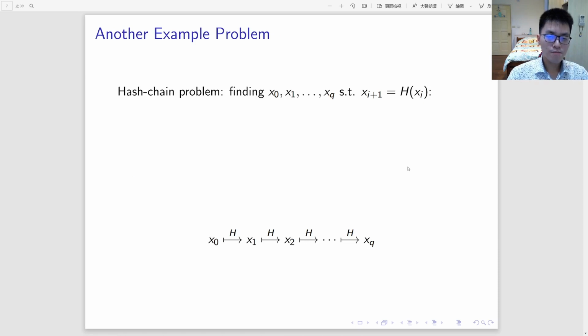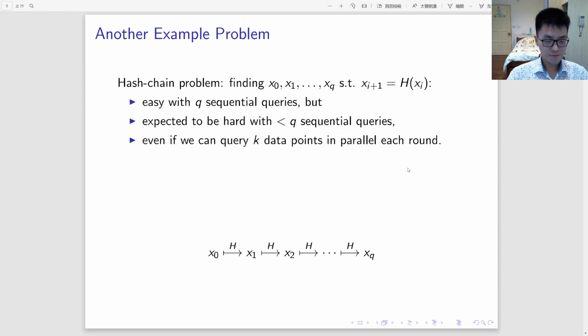Another example problem in the QROM model is the so-called hash chain problem, which asks to find a sequence of data points x0 to xq such that one is mapped to another. We refer to this sequence as a hash Q-chain. As we can see, finding a hash Q-chain should be easy with Q sequential queries.